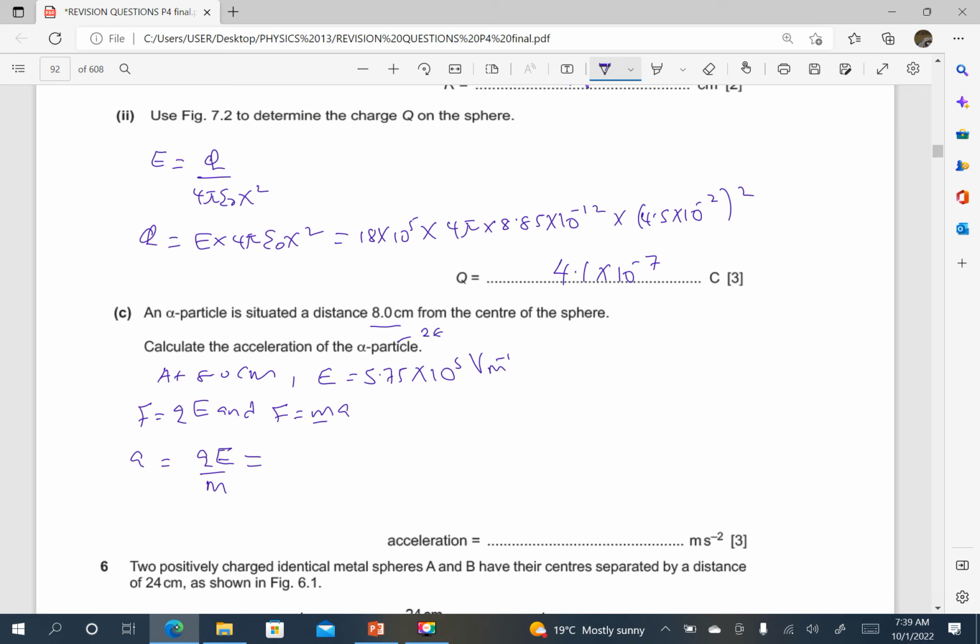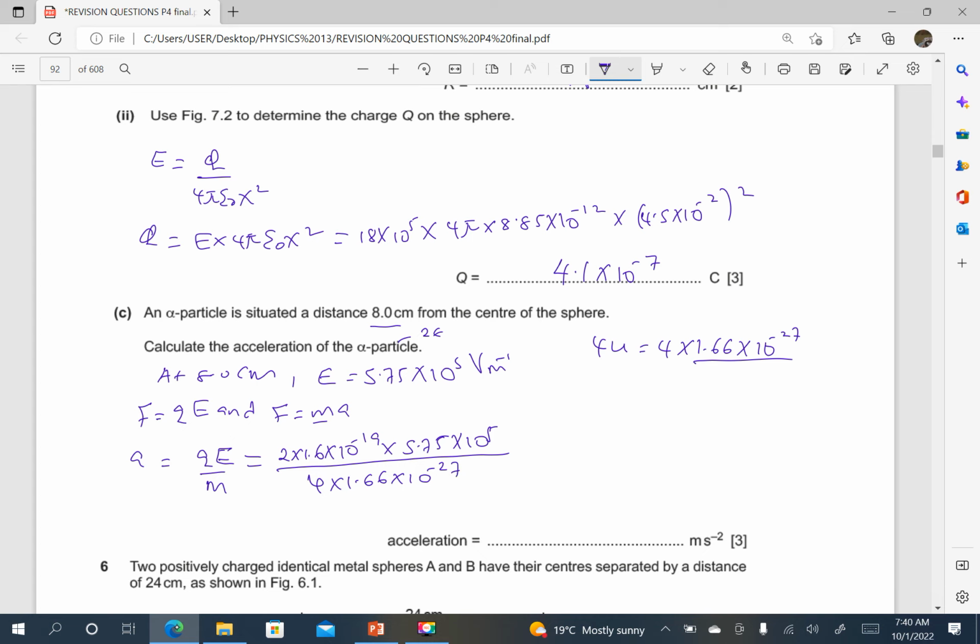For an alpha particle, the charge is 2e, so I will say 2 times 1.6 times 10 power negative 19 times the electric field strength at that point, 5.75 times 10 power 5, divided by the mass of an alpha particle. The mass of an alpha particle is 4u, where u is the atomic mass unit, 1.66 times 10 power negative 27. So this will be 4 times 1.66 times 10 power negative 27.